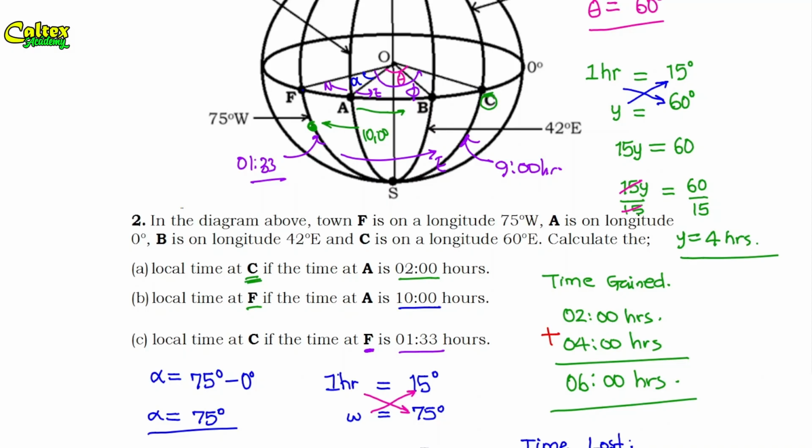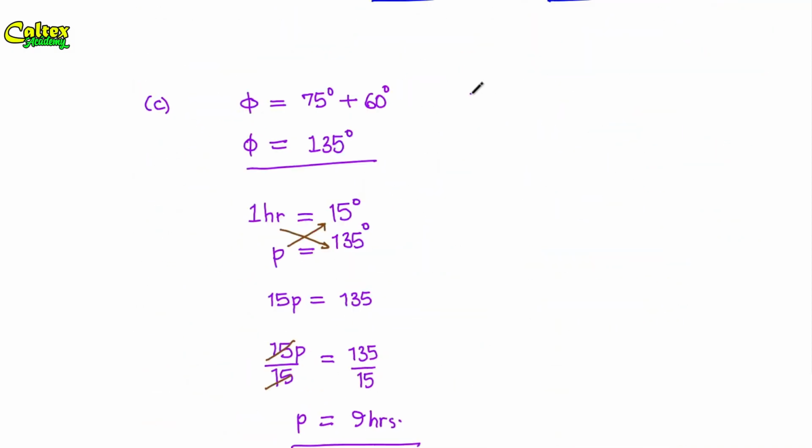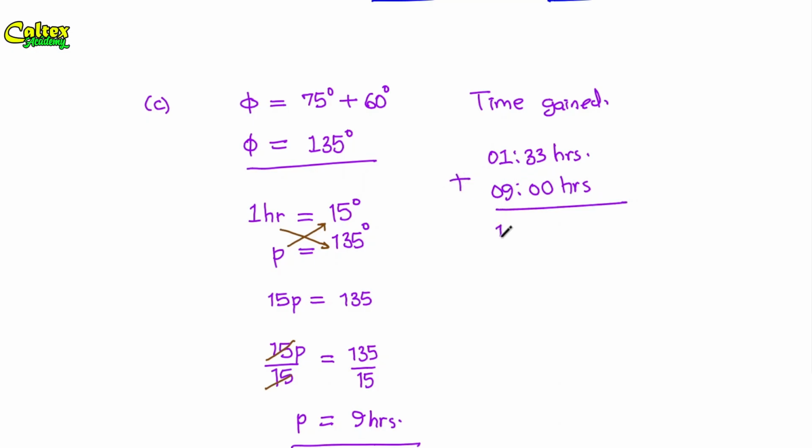Time gain: therefore we have 01:33 hours plus 9 hours. If we sum this together, we simply get 10 here, and 0 plus 33, we get 33, so our time is 10:33 hours.